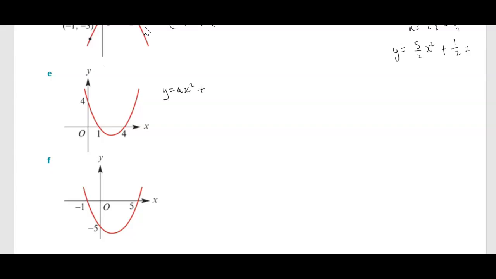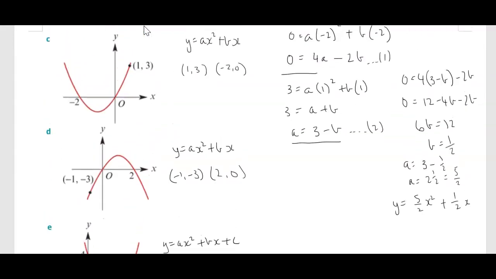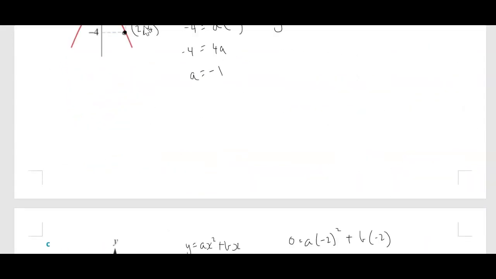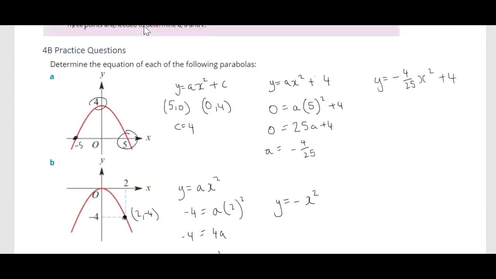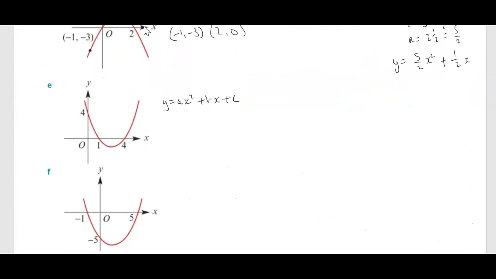Now you could use this for all of them because all the previous ones go through the origin. Oh no, sorry, they all go through the origin except for A, which didn't, but it was just shifted up. You'd be substituting in 0, 0 as well.